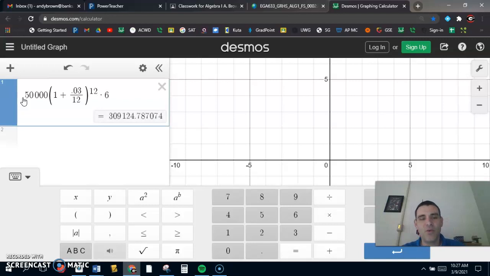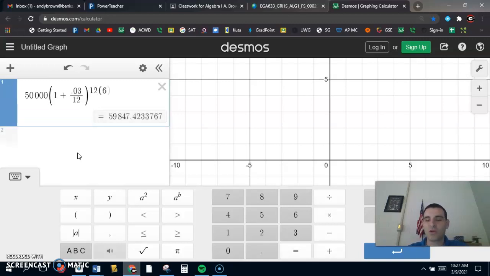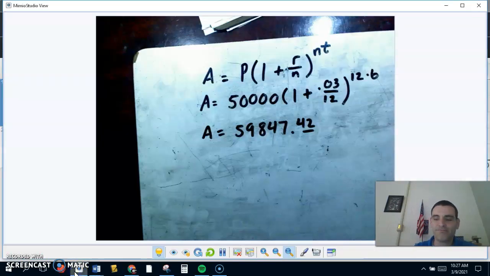You get a number that's way too big. This 309,000 right here is way too big. There's no way you're going to have that much money. So what we want to do instead is put a parenthesis right here, and that helps hold the value in the exponent. So you're going to end up with 59,847. Remember what I told you here, 2 decimal places, so 42 cents would be your final answer there. So that's compound interest.